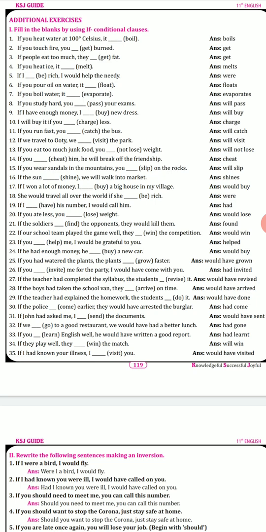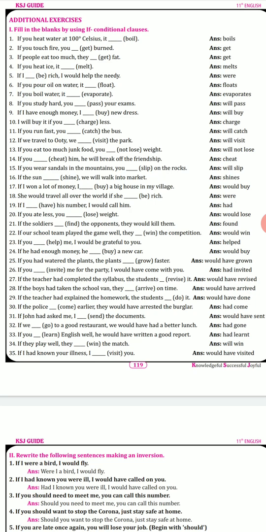So here we can add float. So with the verb float, we should add s after the verb because the subject is it. So if you pour oil on water, it floats.